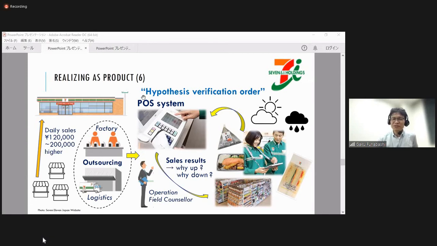This kind of system of 7-Eleven is called hypothesis verification order. Staff make a hypothesis: what kind of product will be sold more tomorrow or the day after tomorrow?